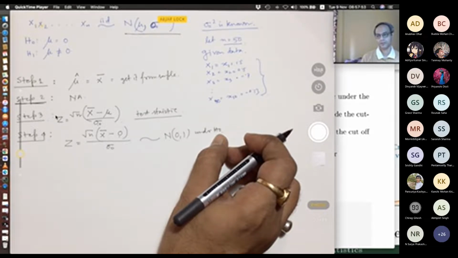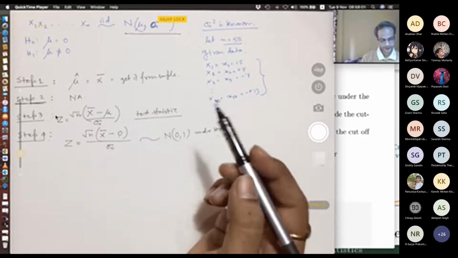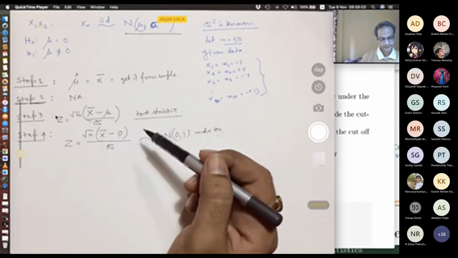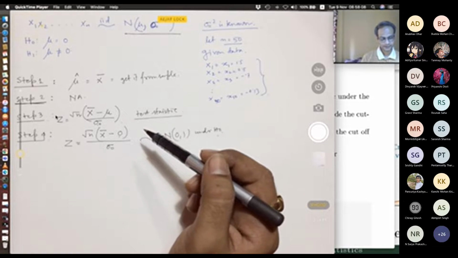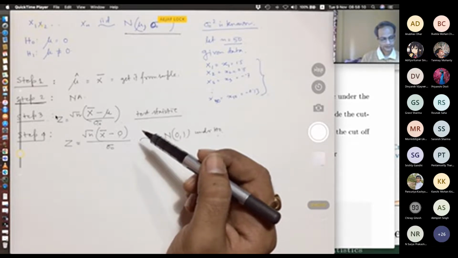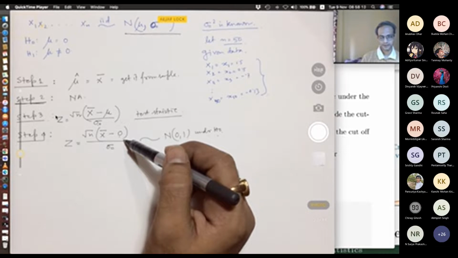Is this the hypothesis from H0? Like, this won't follow normal 0, 1 if H0 is not true. Which one? I didn't get this. Please say again. So from step 3 to step 4, we are taking mu equals 0 from the null hypothesis. Yes. So here are we stating that if mu is not 0, then it won't follow normal 0, 1?